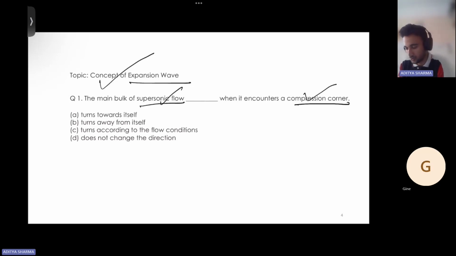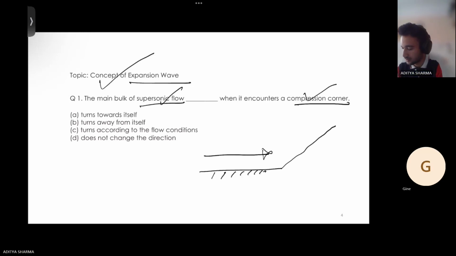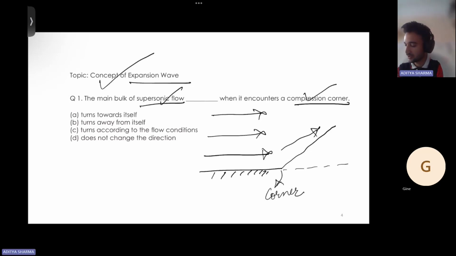From our previous knowledge, we already know that if there is a corner and the flow is in this direction, and this is our corner, the flow is moving towards itself, and this moving towards itself leads to compression. All right.